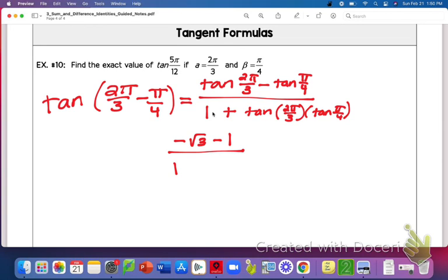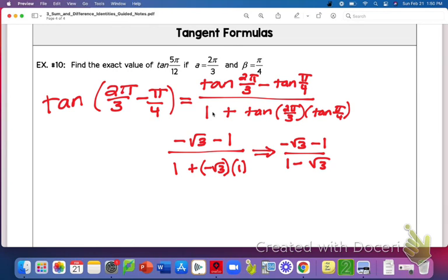And then we have the tangent of 2 pi over 3, we said, was -√3, and tangent of pi over 4 we said was 1. So putting that all together gets me -√3 minus 1, all over 1 minus √3.